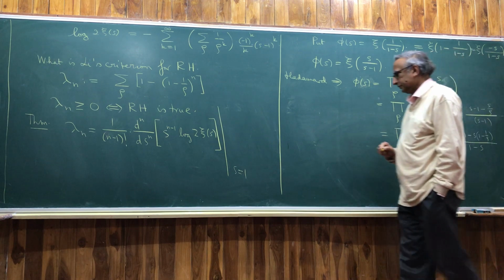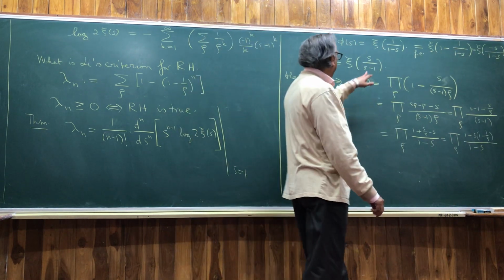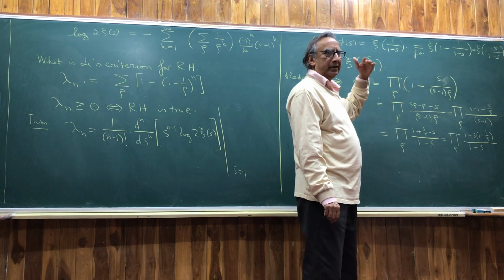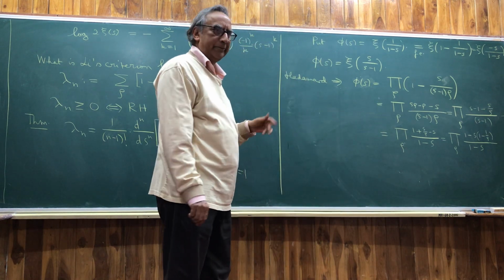I will talk about the meaning of s over s minus 1 and 1 over s minus 1. These are conformal maps, and why they work, we'll see.